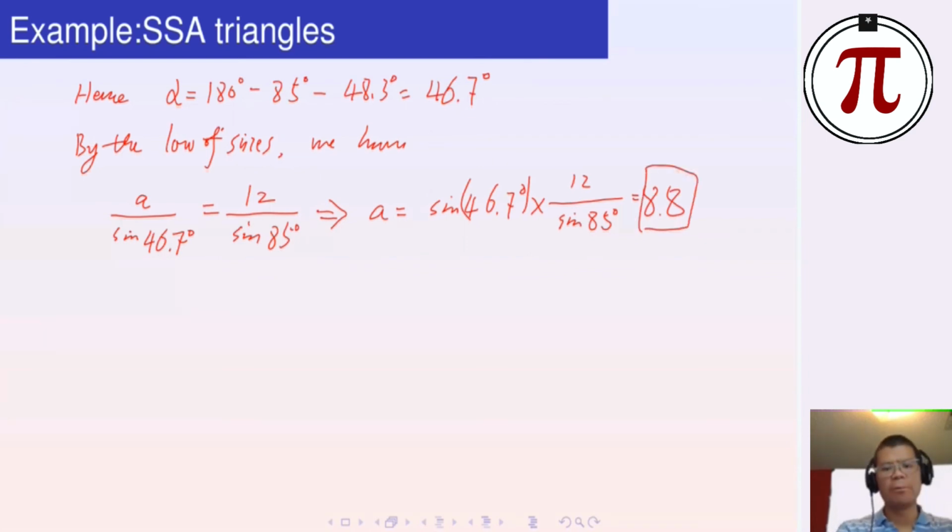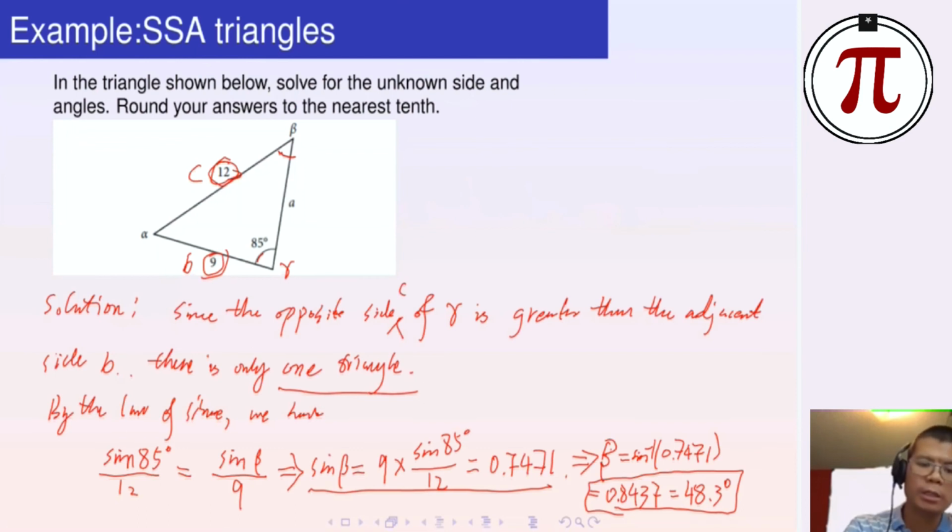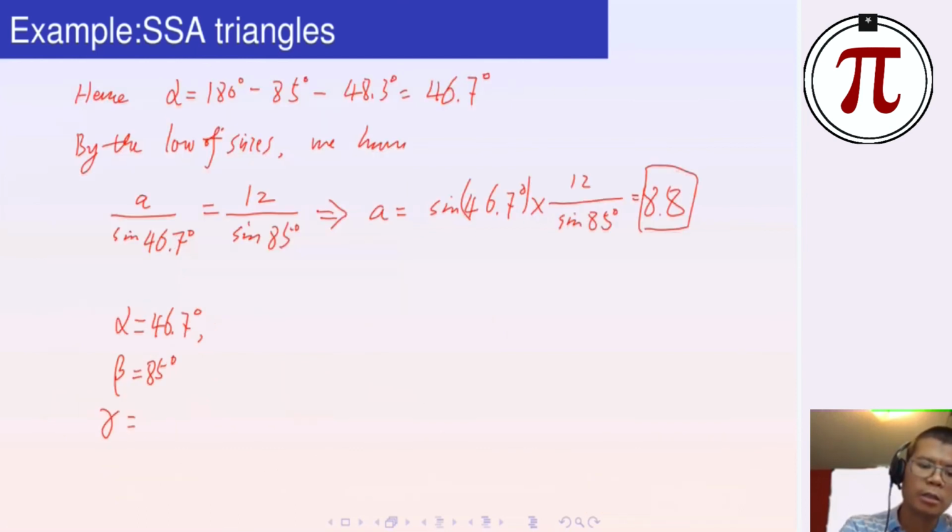So we already have everything. We know that alpha is 46.7 degrees, beta is 85 degrees, gamma is 48.3. Beta and gamma are different, they're backwards. Gamma was given. Yes, that's right.